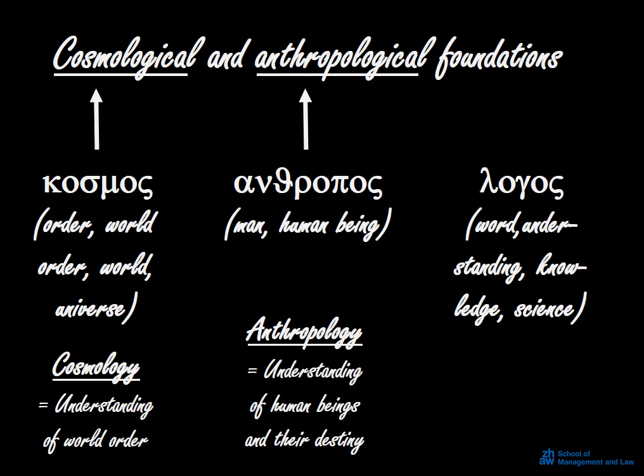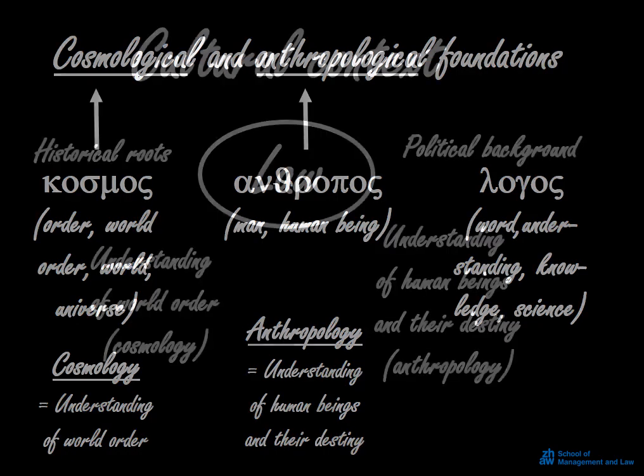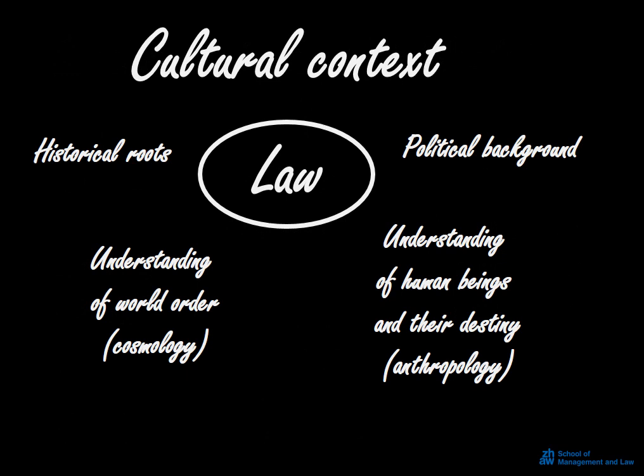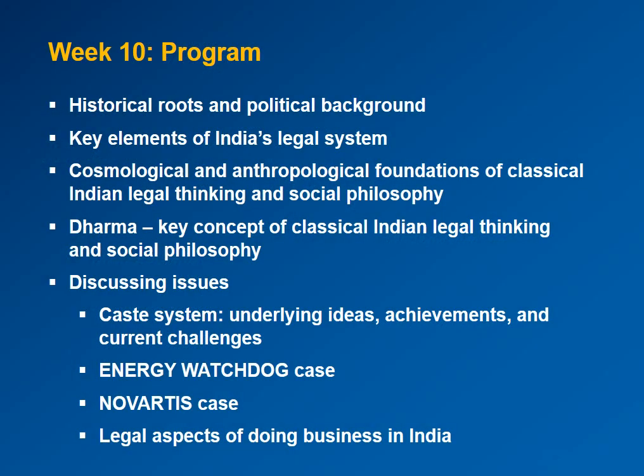Anthropology means understanding of human beings and their destiny. And here you have the overall picture of the main elements that have to be taken into account when analyzing a specific legal tradition. This is the program we will be going through.